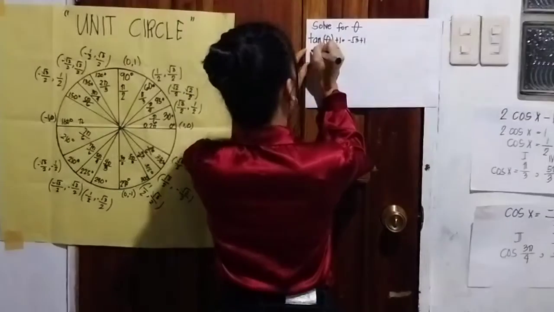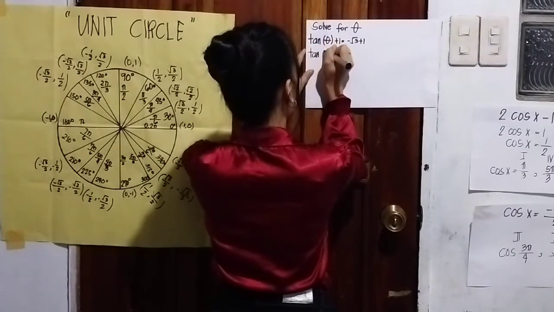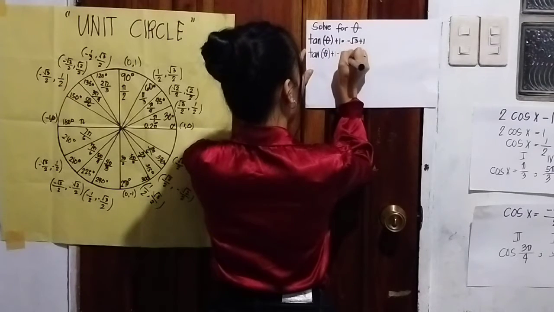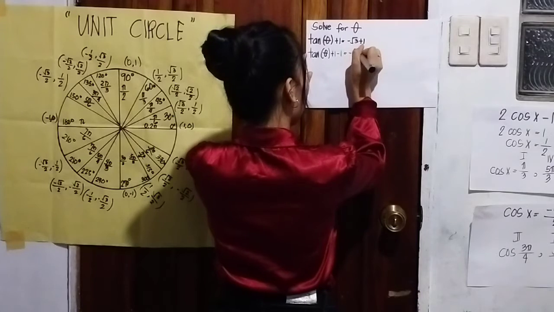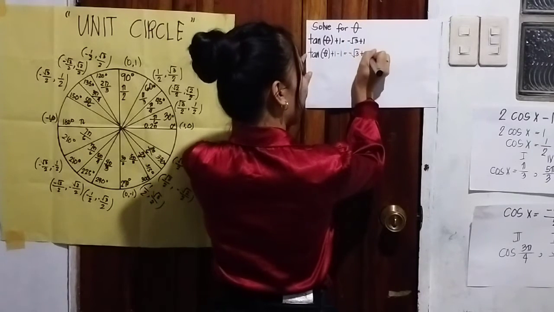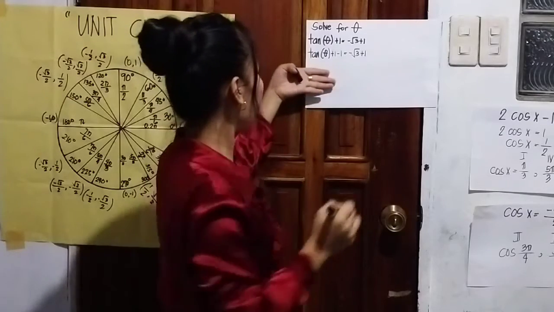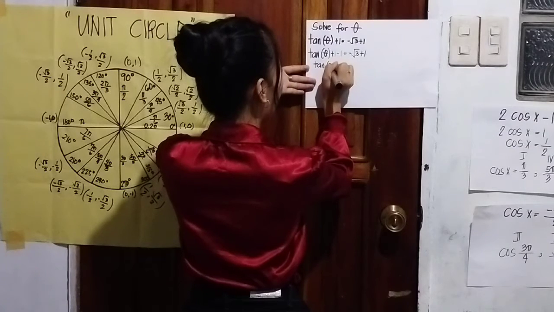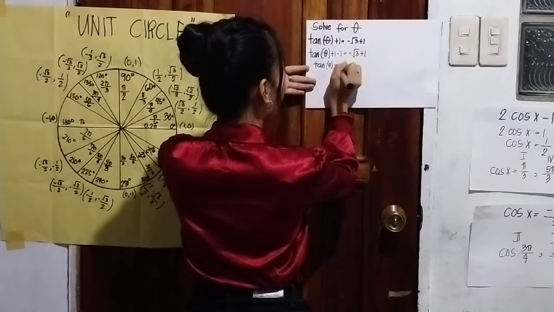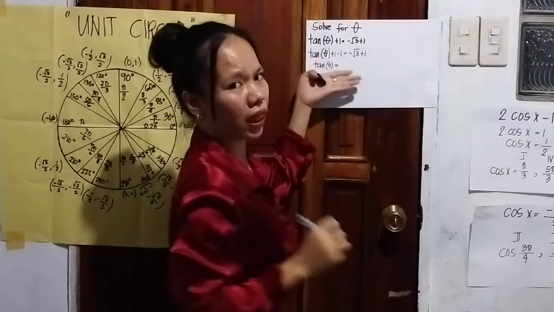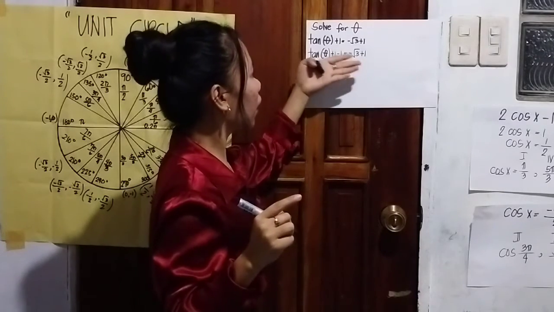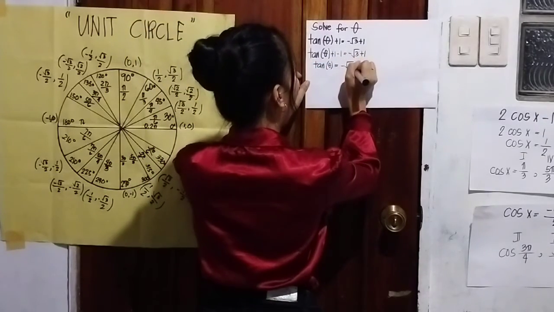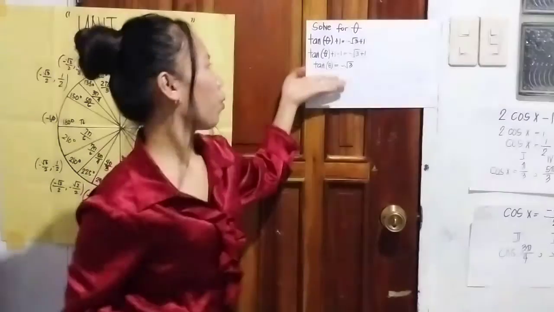So let's do it. Tan theta plus 1 minus 1 is equal to negative square root of 3 plus 1. So we have tan theta is equal to 1 minus 1 is 0, right? Then negative square root of 3 plus 1 is equal to negative square root of 3. So we have it now.